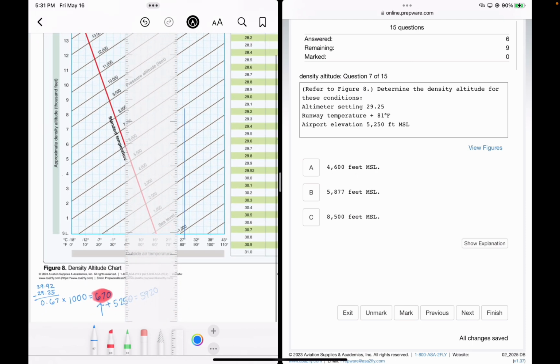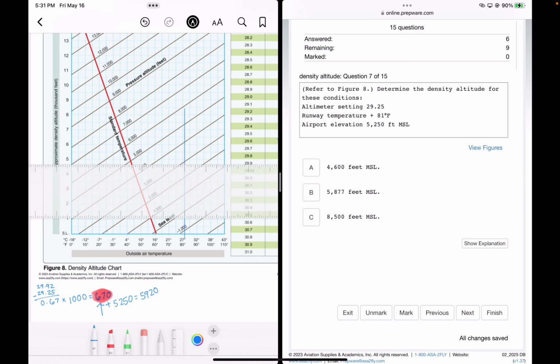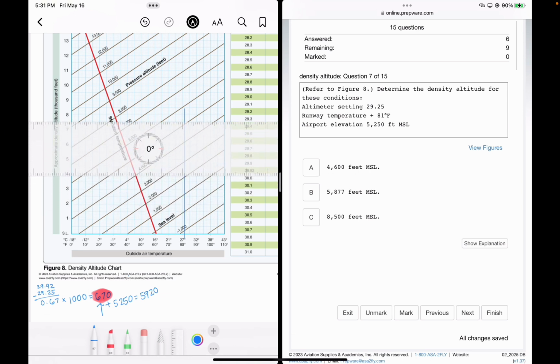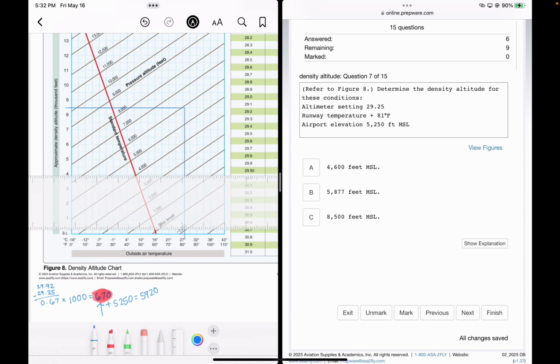And you can see why the numbers that we come up with will not really match the answers, because everything is just guesstimation. I don't really know where 5,920 is. I can only guess. But we draw this line right there, just like how we did in that previous question.